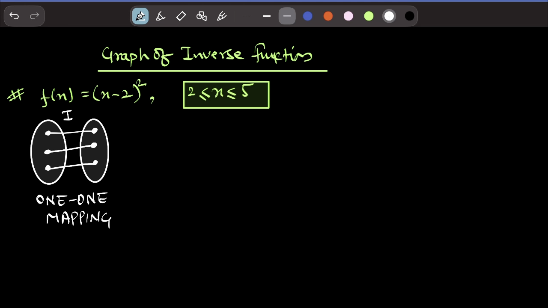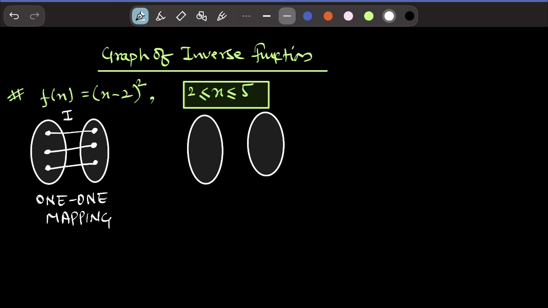In the second case, we were having, this was your input values, and for two input values we were having the same output value, right? This one was your many one mapping, right?